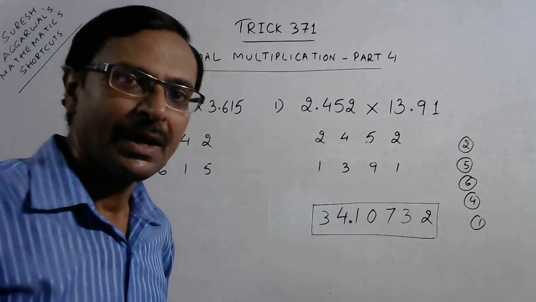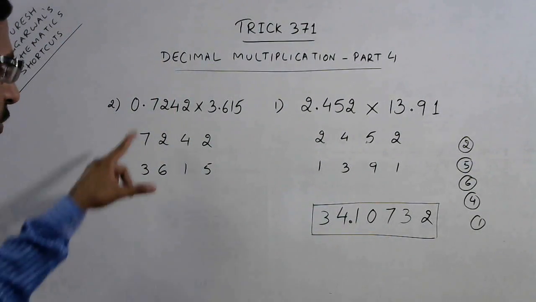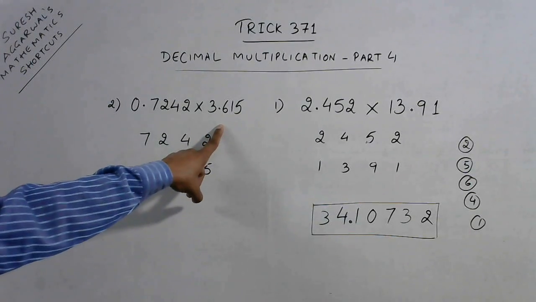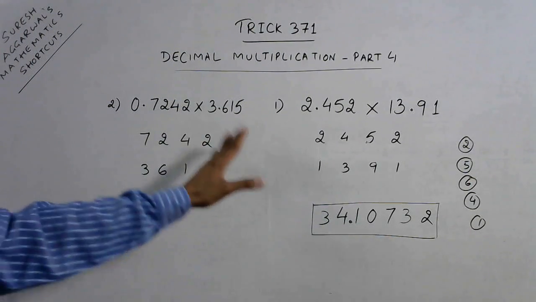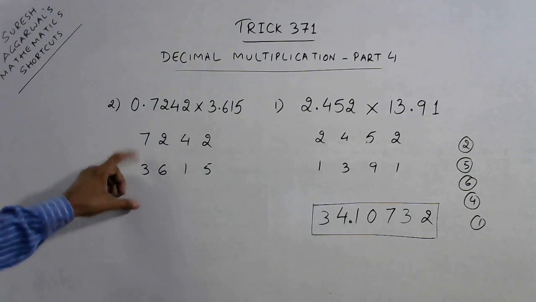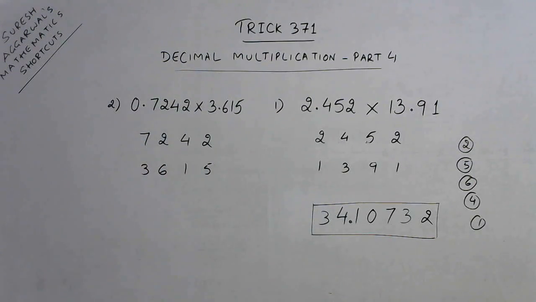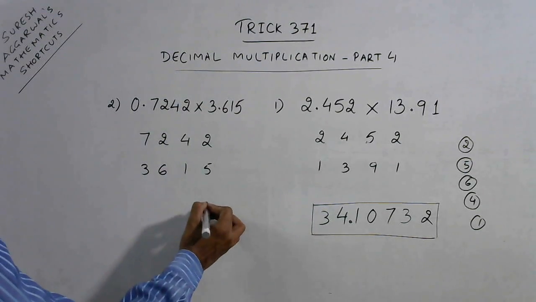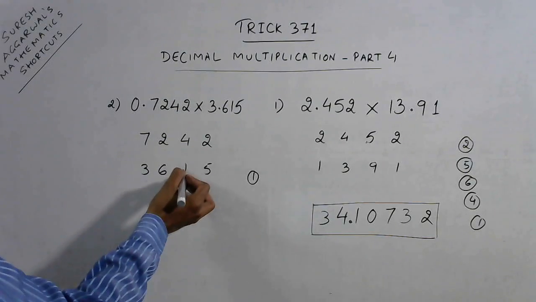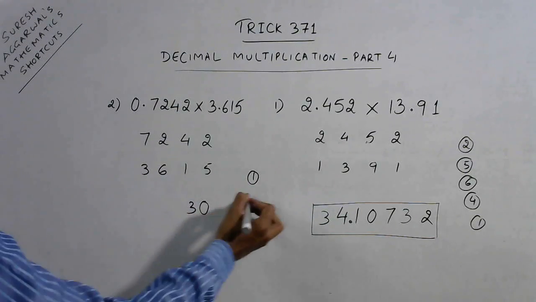Now similar method we can apply here also. See, 0.7242 and 3.615. Now the numbers again are very tough. Now I have written the numbers irrespective of the decimal places. So 4 digits in both the numbers, and let us now multiply them in a single step. So 5 twos are 10, you have a 0. Now 1 carry. 20, 22, 23, 3, 2 carry.